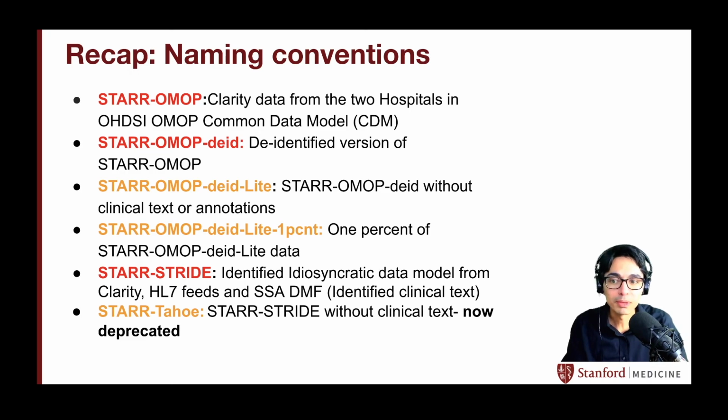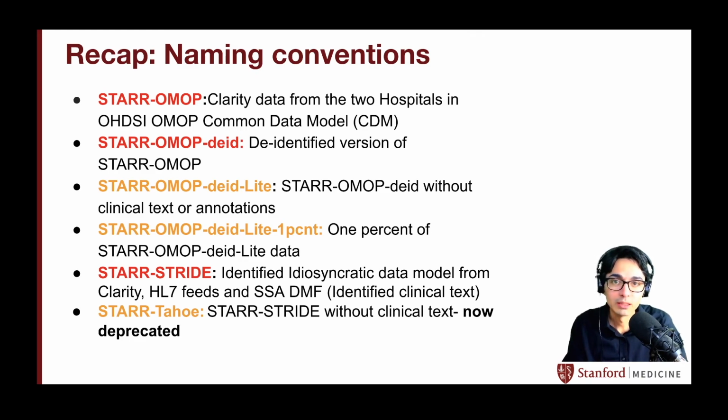Then we have the 1% DID Lite, which is created for your convenience so you can have a smaller data set to refine your queries, control your costs when querying BigQuery, and ease the process of managing your learning curve into BigQuery.